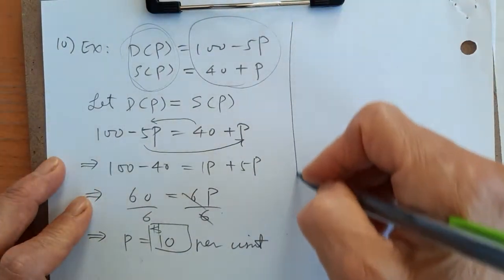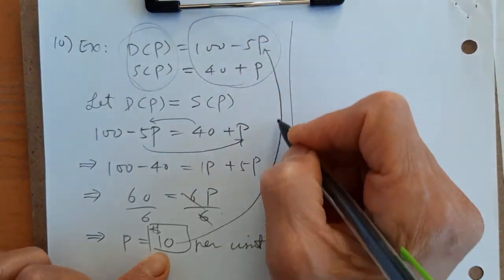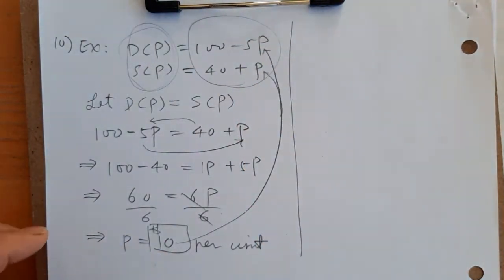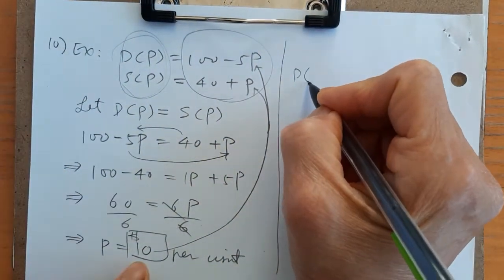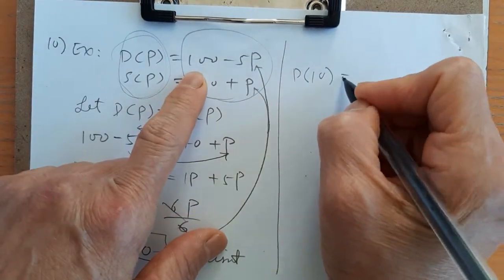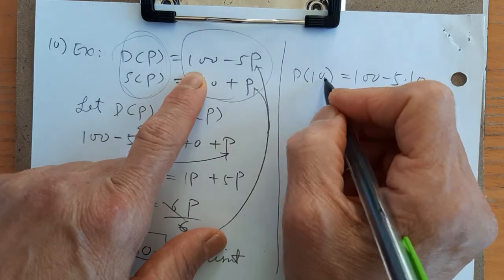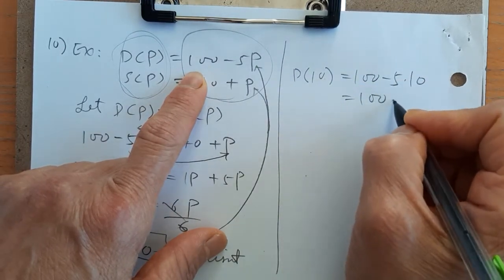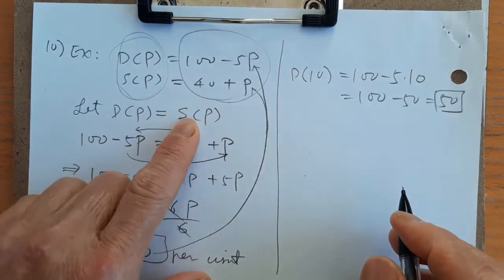And then plug this p equals 10 into either the demand function or the supply function. Demand in terms of price: 100 minus 5 times p, with p equal to 10, is 100 minus 50, so you get 50 units for demand.